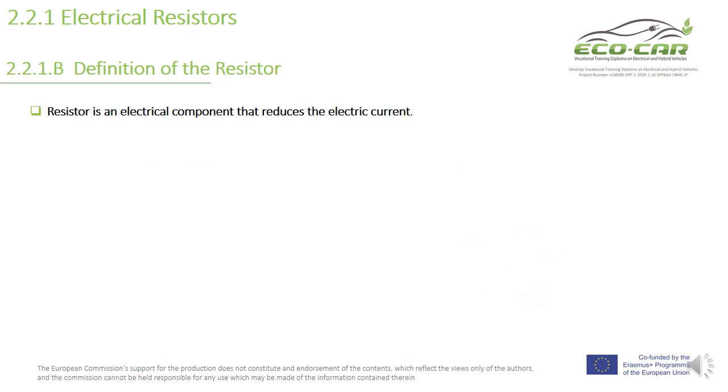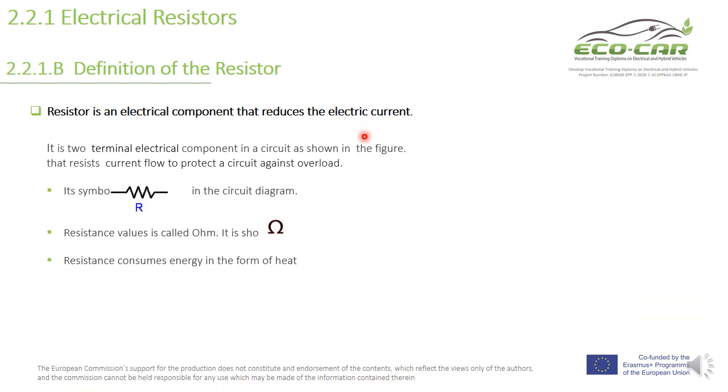Now, what is the definition of the resistor? On the last slide, we were talking about resistance. A resistor is an electrical component that reduces the electric current. It is a two-terminal electrical component in a circuit, as shown in the figure. This is an electronic or electrical component which is called a resistor.